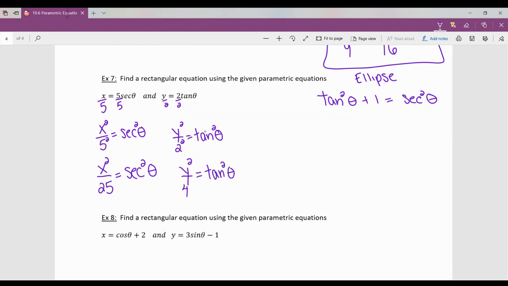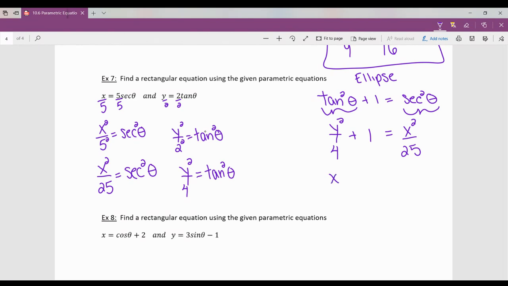All right, so now we're going to substitute in. So tan squared is y squared over 4 plus 1 equals secant squared is x squared over 25. All right, so this looks kind of familiar, except for like all of these conic equations where we had ellipses and hyperbolas, we talked about getting it equal to 1. So I'm going to just bring this y squared over 4 to the other side.